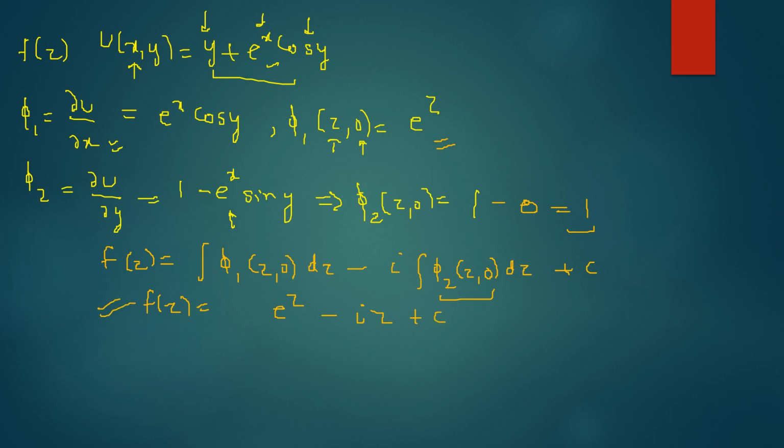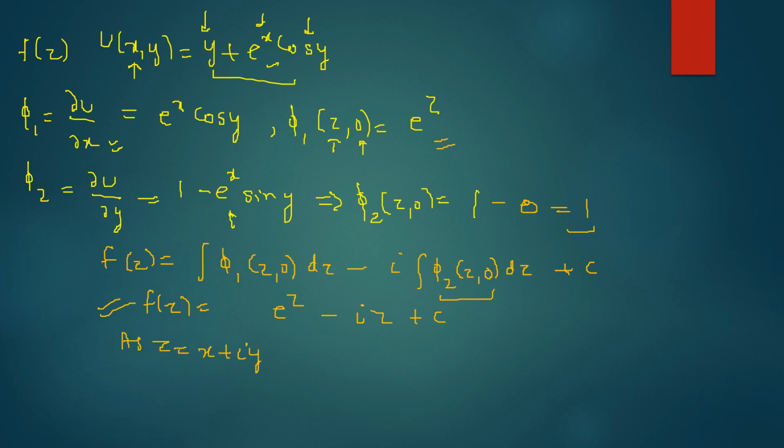Now if you have to check whether the function is a harmonic conjugate or not, you have to satisfy two equations, right? One is the Laplace equation, second is the Cauchy-Riemann equation, correct? So can I substitute z as x plus iota y?